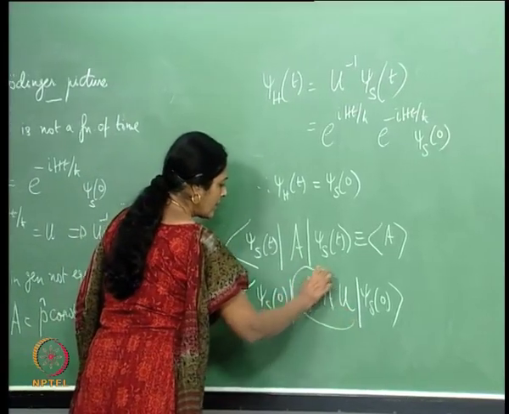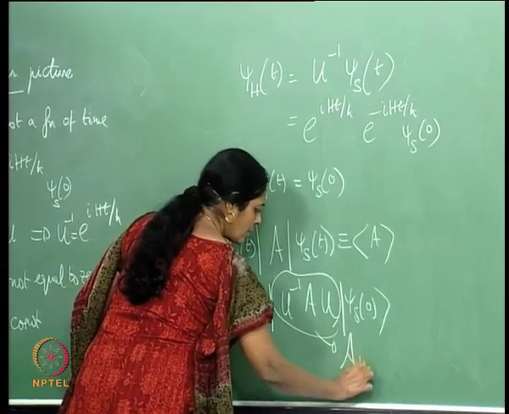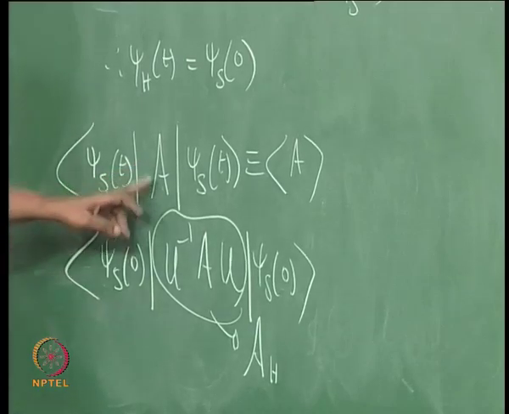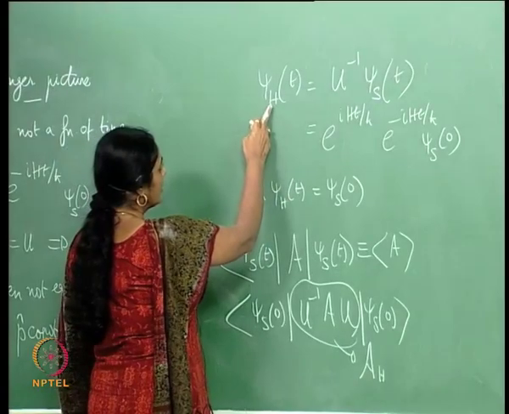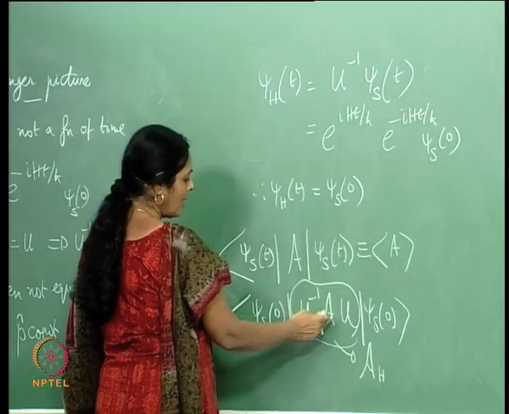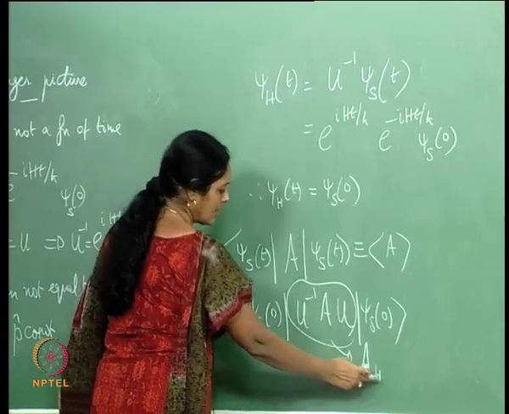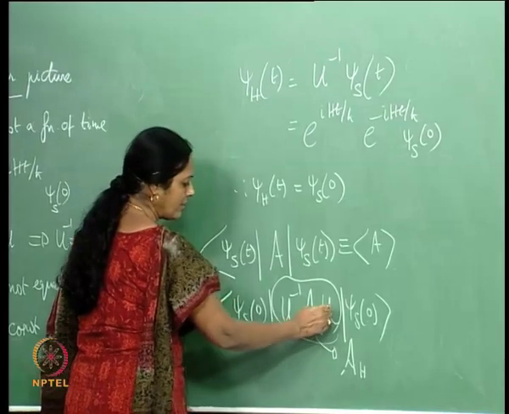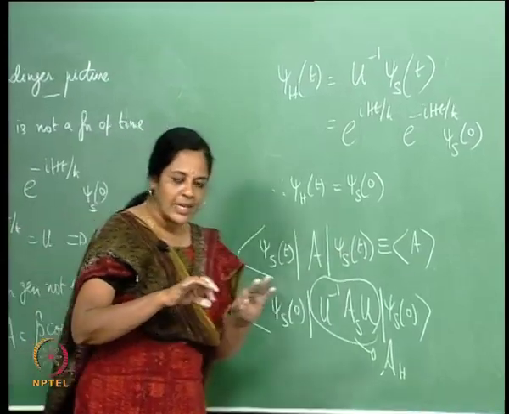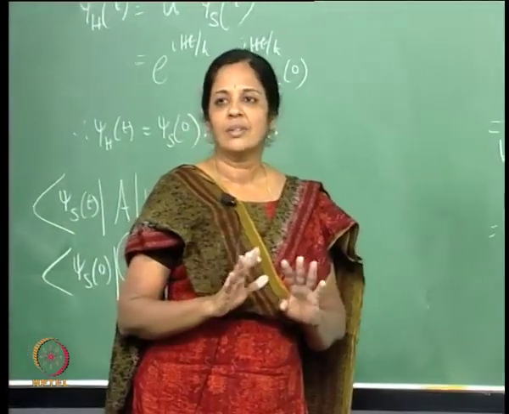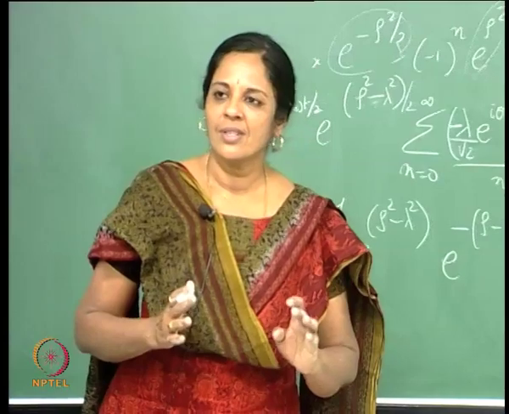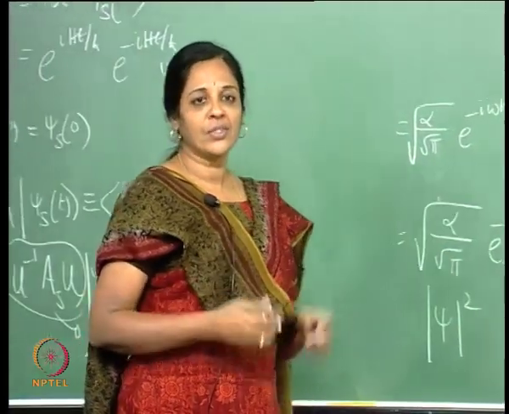So if I now say that U inverse A U is the operator in the Heisenberg picture, then it is evident that while psi_H of t is simply psi_S of 0, the operator A_H is U inverse A_Schrodinger U, and then it is clear that the expectation values at any time in both pictures are the same, and that is what we want, because the measurables should not depend upon which picture we use for convenience of calculation.